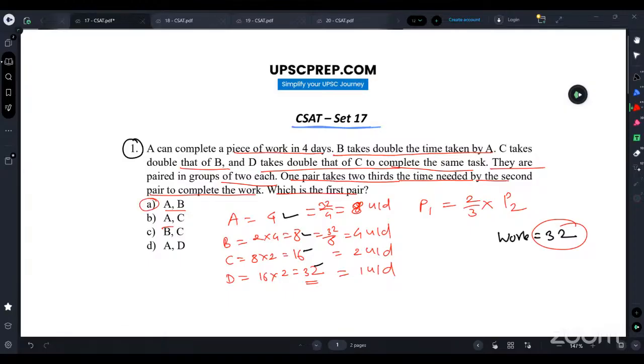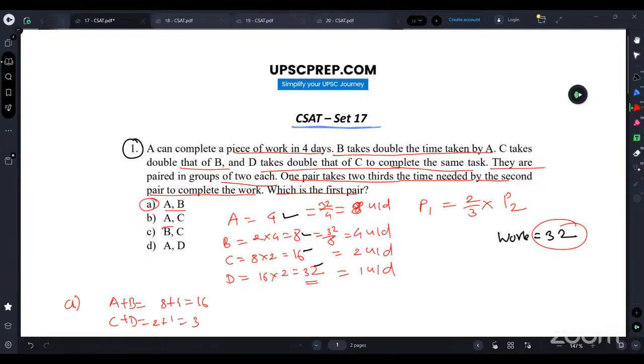So for example, if I take the pair of A and B, together they will do how much work? If I explore option A, A plus B will work 8 plus 4, 12 units per day, right? And what will be the other pair? It will be C plus D. So that will be 2 plus 1, so it will be 3 units per day.